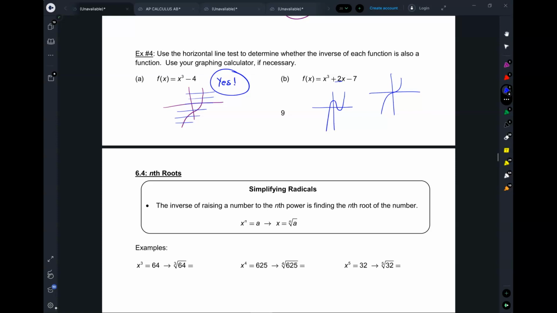In the middle, this adds extra linear behavior. So I suggest you graph it on your calculator and see if it has an inverse function.